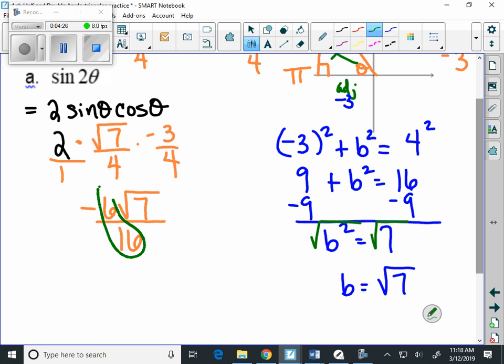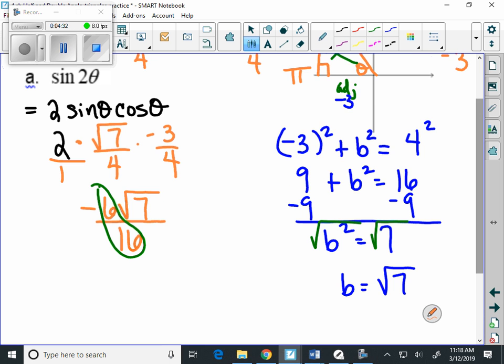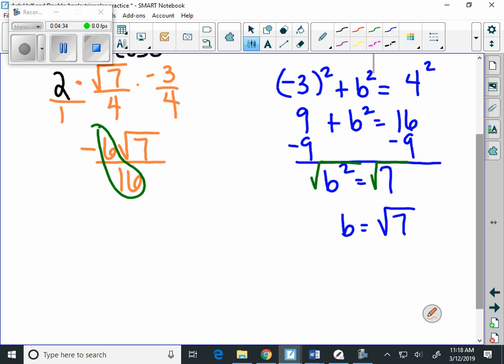These two values, we can simplify. 6 and 16 are both even numbers, so we can rewrite this as negative 3 square root of 7 over 8. What I did is I took 6 and divided by 2 to get 3, and 16 divided by 2 to get the 8.